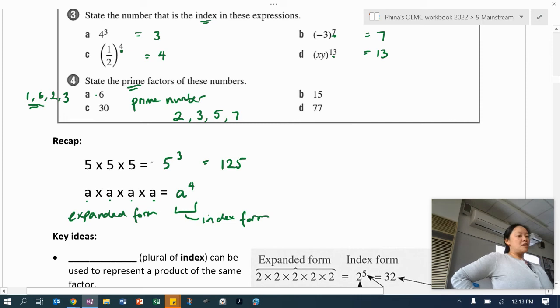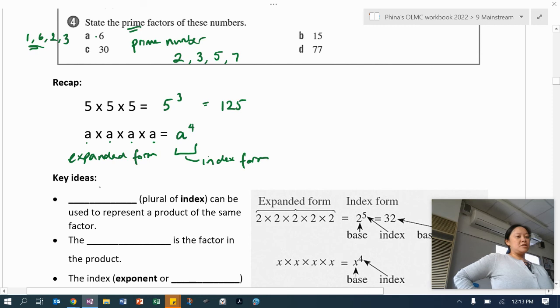So the bottom number provides the number that you're multiplying it by. The index tells you how many times it's multiplied by itself. So you could say 5 to the power of 3, it's 5 multiplied by itself 3 times. 5 times 5 times 5. 3 times.